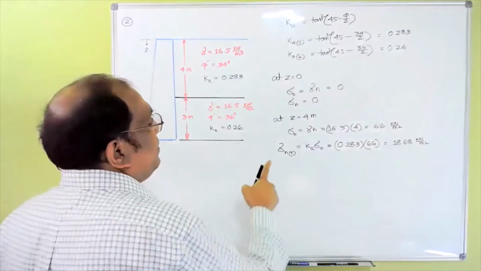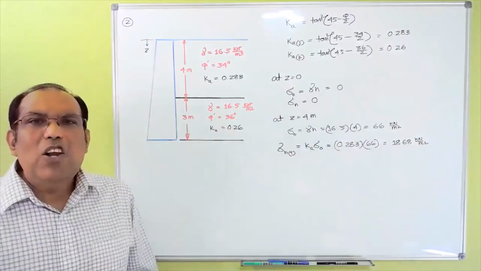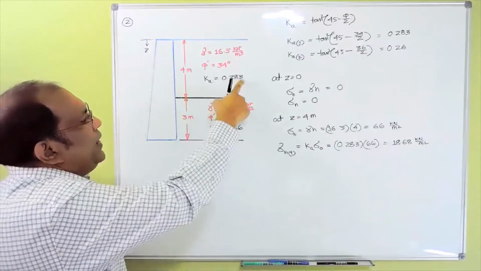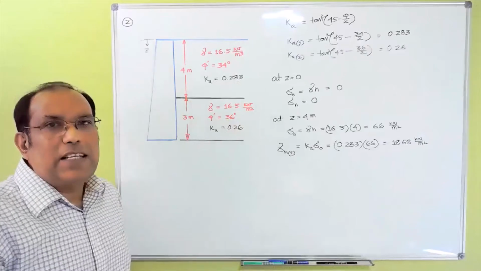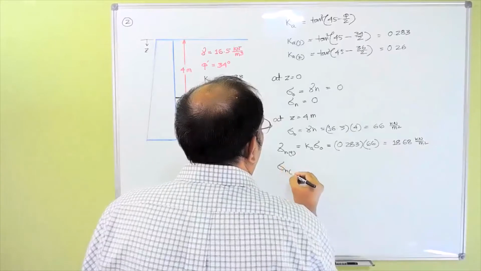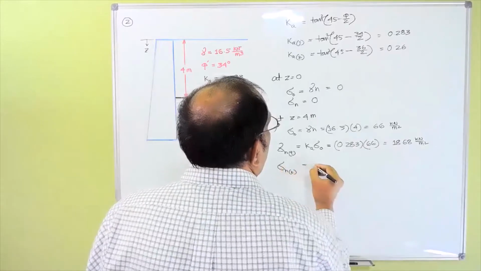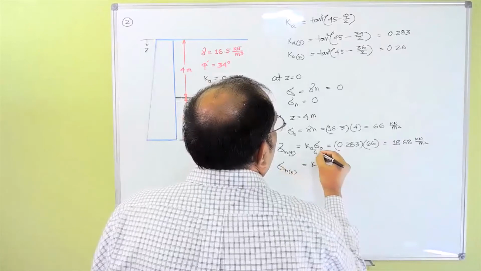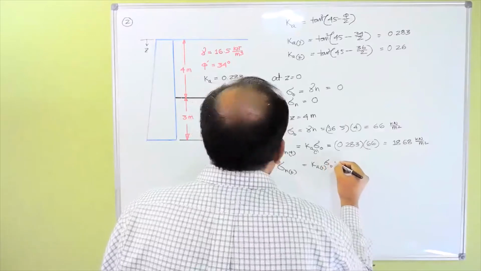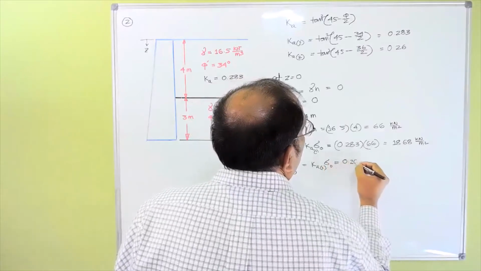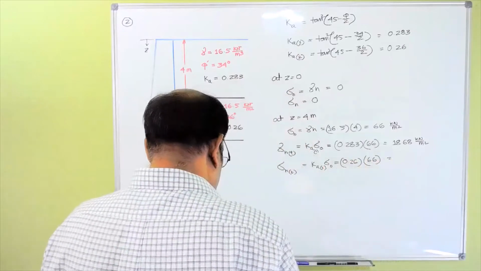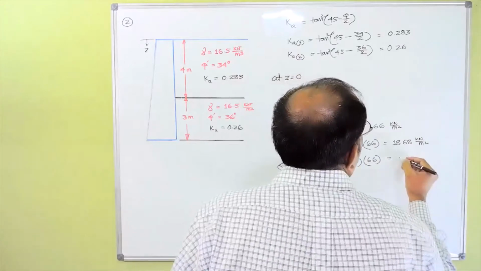Now if I go a little bit below that interface, Ka has changed from 0.283 to 0.26, right? So your sigma H for the bottom layer is actually Ka2 sigma naught, that's 0.26 multiplied by 66. That's basically 17.16.